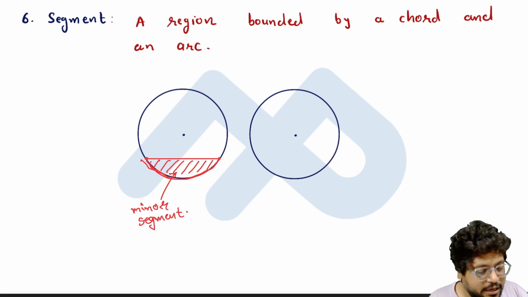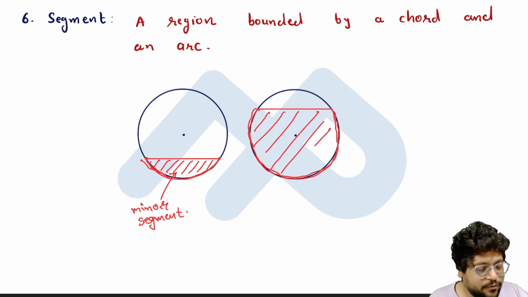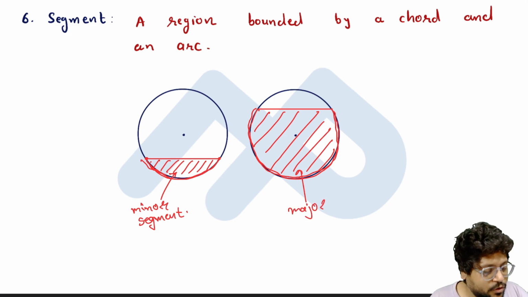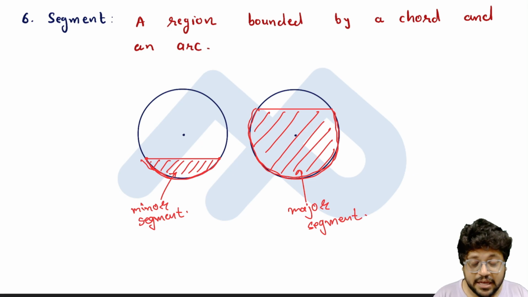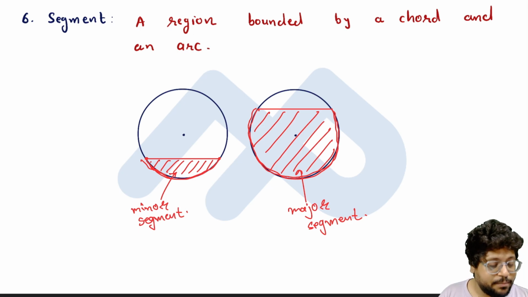Similarly, if I take this chord and a major arc, then this segment is a major segment. So let's make it simple: a minor segment is a region bounded by a chord and a minor arc, and a major segment is a region bounded by a chord and a major arc.